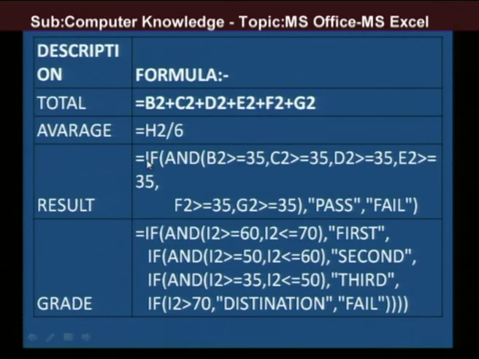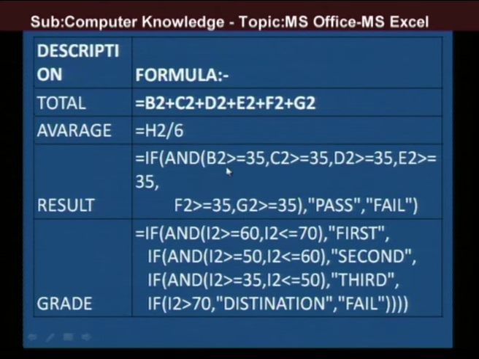The if condition is a must. Why? Because here the condition is greater than or equal to 35, with if open bracket and also there. Why? Because here we are comparing 6 subjects. So, if open bracket and open bracket. So, B2, C2, D2, E2, F2 up to G2 subjects are there.